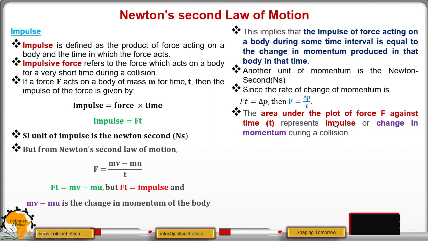The area under the plot of force F against time T represents the impulse or change in momentum during the collision. If you look at this graph, plotting force against time, the area under the curve will be force times time, and therefore the area under the plot will give us the impulse, or what we call the change in momentum.